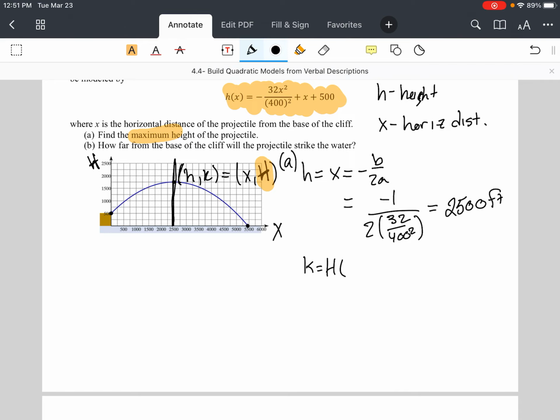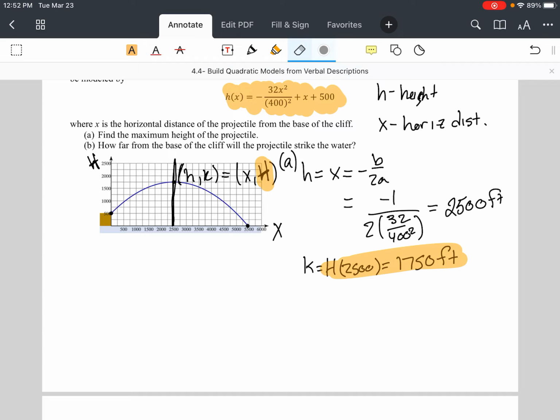Now we need to figure out what k is, which is the height of the projectile, so we simply plug 2,500 into our calculator. Again, this is something I'm going to leave up to you, and you get 1,750 feet. So the maximum height of our projectile is 1,750 feet off the ground.